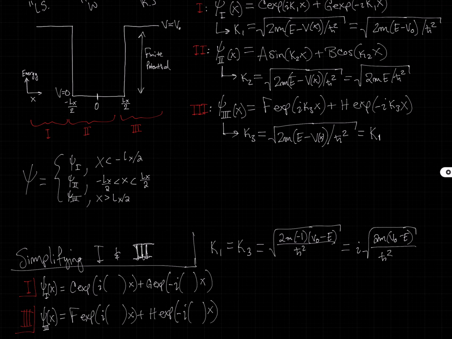And this is just equal to nothing other than what I'm going to call i times kappa. I'm writing kappa as this, where this square root term is my kappa. All right? And so if I substitute this in for i times kappa into k1 and k3, which I can do down here, I have i times kappa everywhere, right?